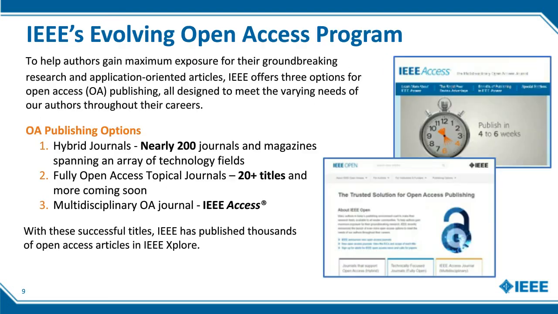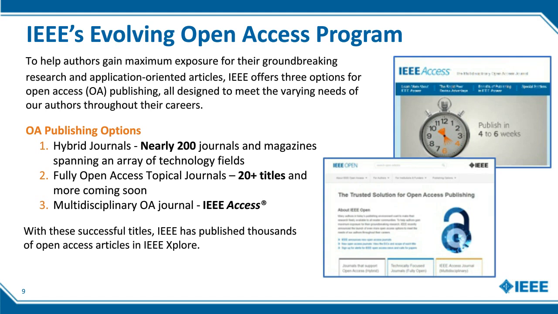And this is an open access program that has evolved significantly over the last couple of years. IEEE offers 3 options now for open access publishing, all designed to meet the varying needs of our authors throughout their careers. And we have published thousands of open access articles in IEEE Xplore.